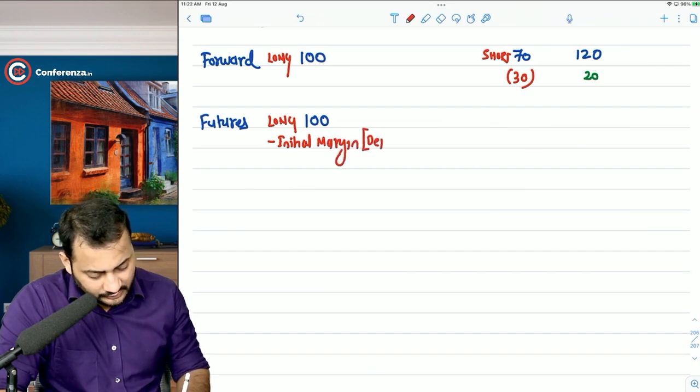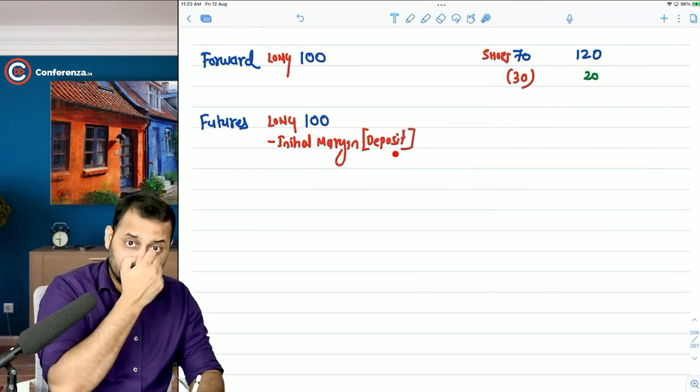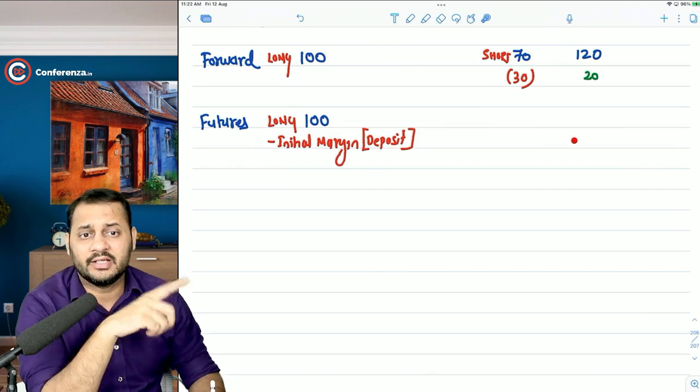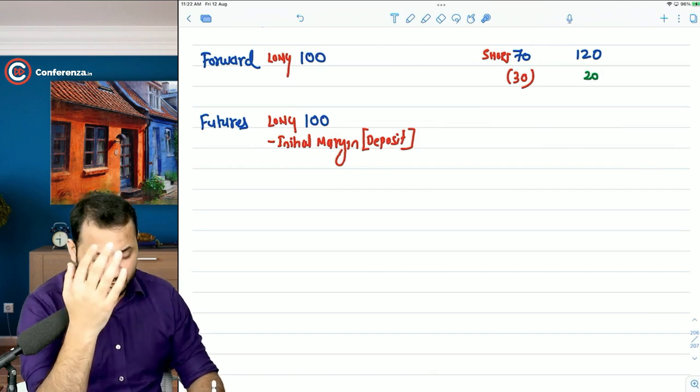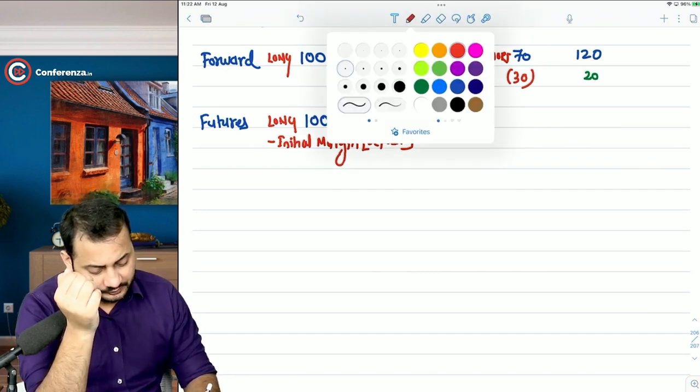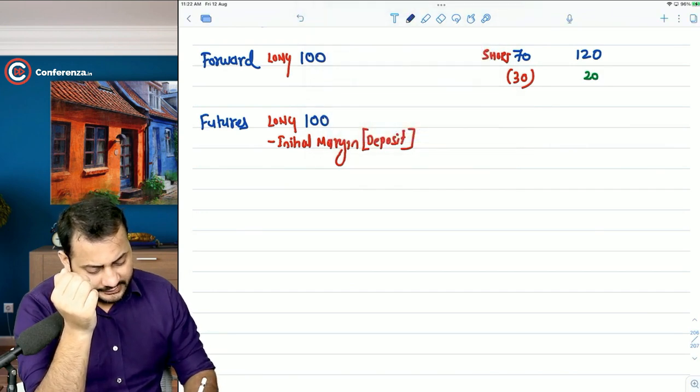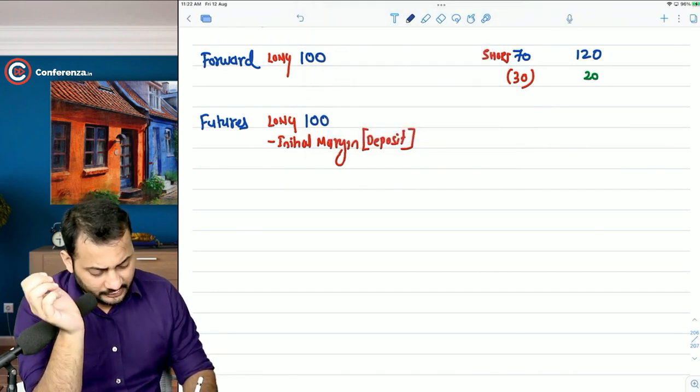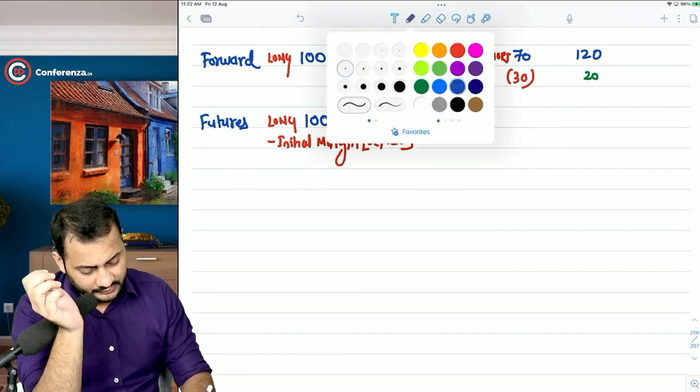This is considered a deposit. It's not an expense. This is a deposit which you will get back at the end. Now, let's say the deposit is 50 rupees, 50%. So 50 rupees is the deposit.